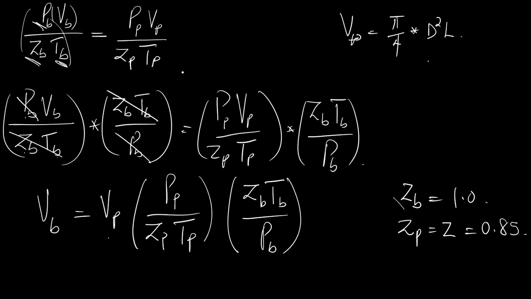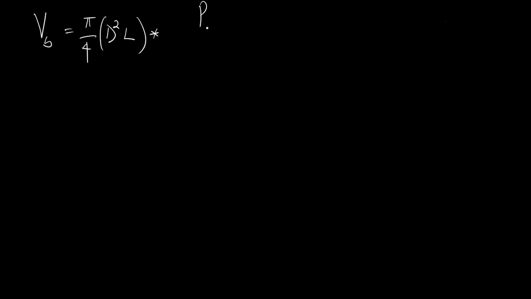So that means VB, that is the line pack volume, is equal to pi all over 4 d square L times what? P subscript P divided by, now this P subscript P, we will exchange it with average pressure, the average pressure of the gas, because the condition of the gas is at the average pressure.